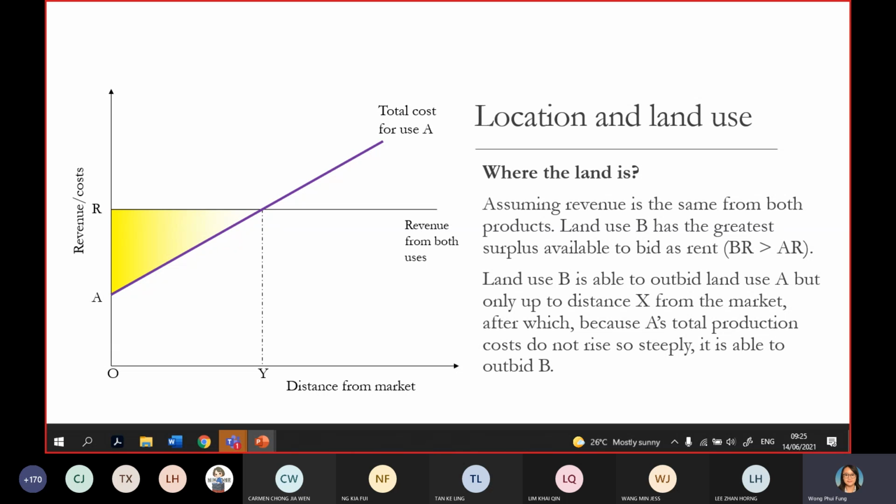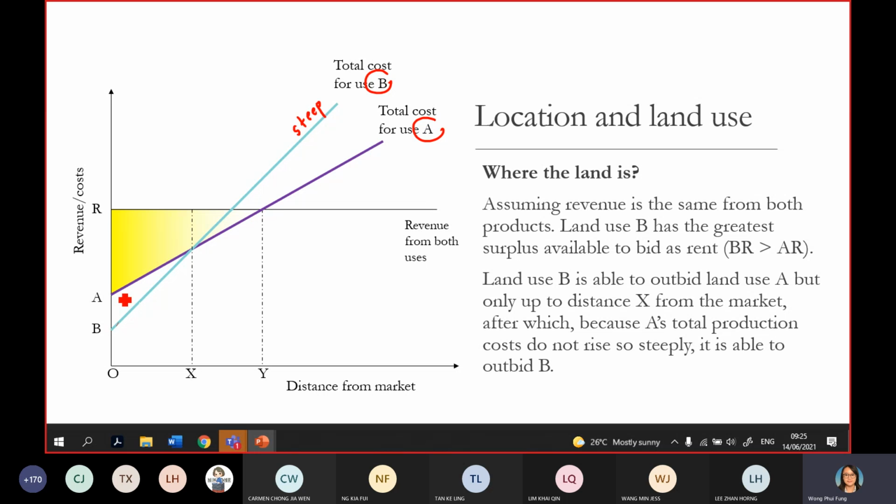Okay, what if now I introduce another land use called B? Originally it is A, but let's say I introduce another land use B with a different rate of transportation costs. For B, you can see the slope is very steep.